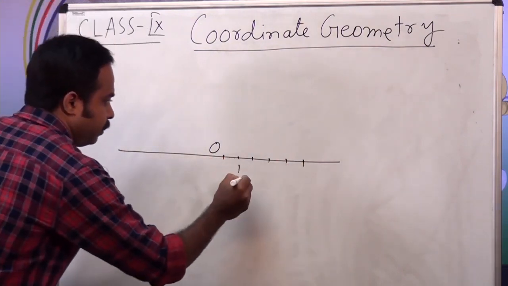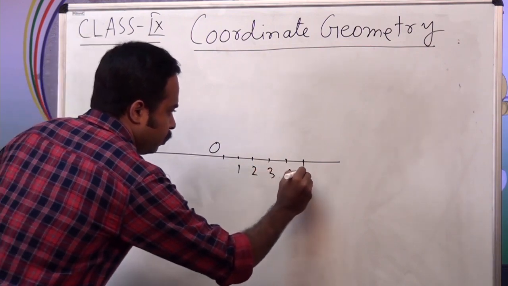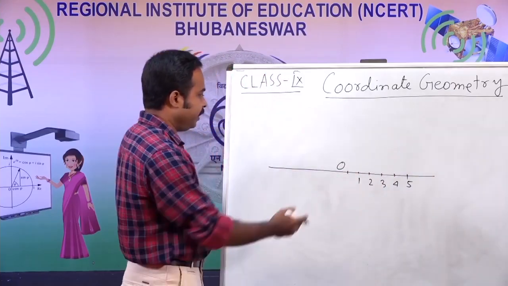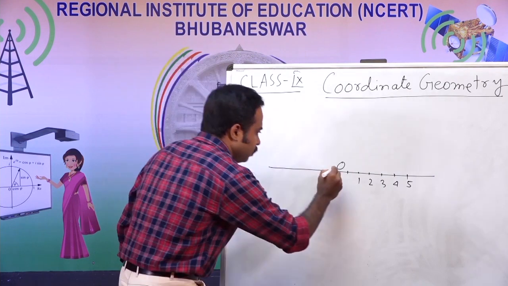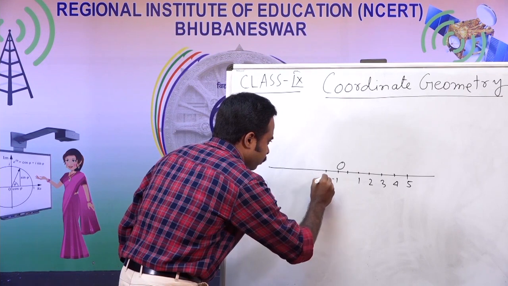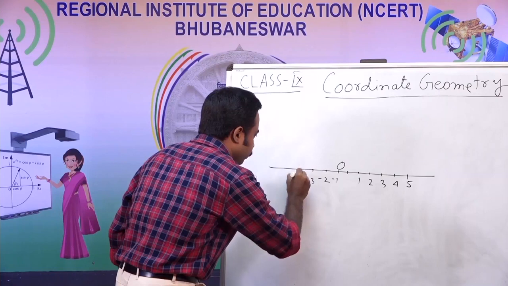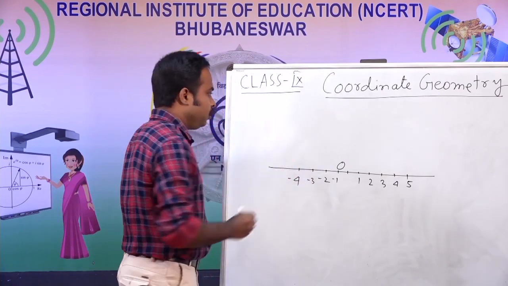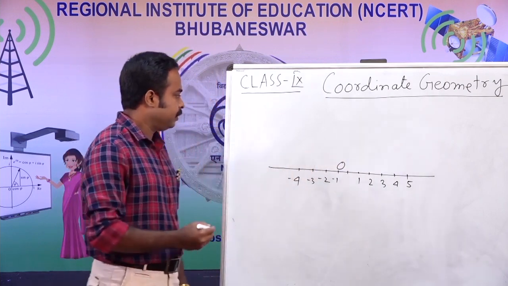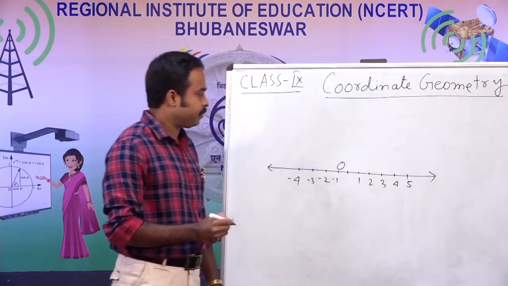This is the positive direction, and in the negative direction we take minus 1, minus 2, minus 3, minus 4 and so on. So this is a number line. It can be extended on both sides.